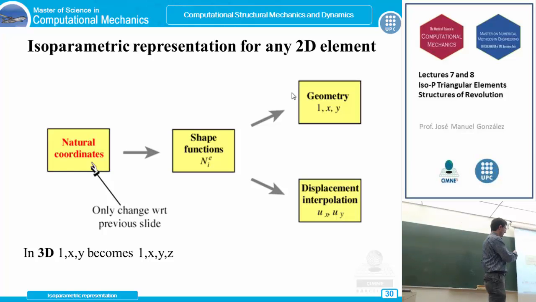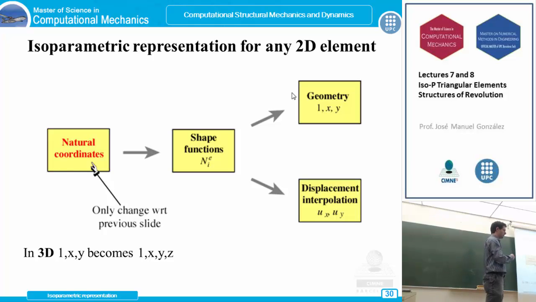So these natural coordinates lead us to a shape functions definition expressed in these natural coordinates, taking into account only the geometry of the element and not its location in the domain. So these shape functions were defined to interpolate the geometry and to interpolate the displacement, which is the objective, the primary value of our problem.